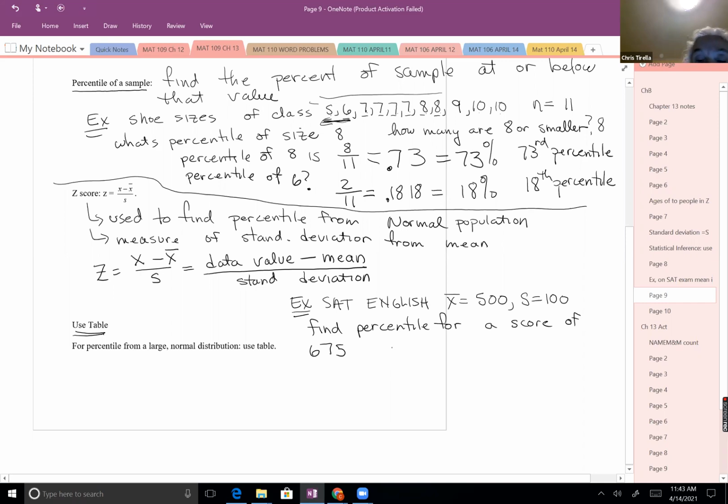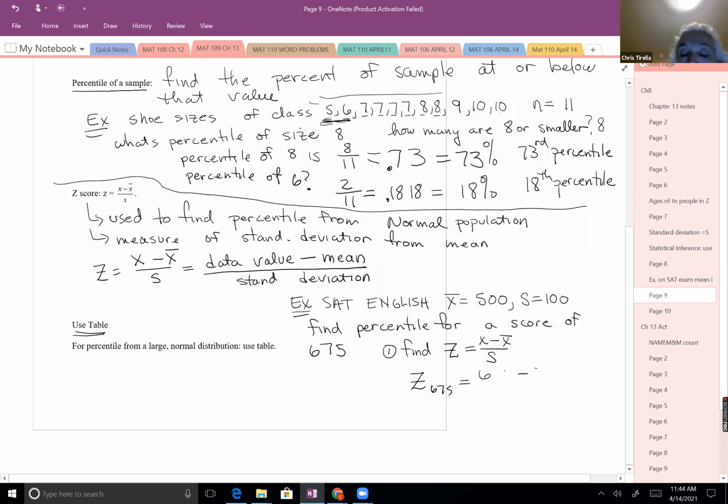The first thing that I'm going to do is find the z-score, which again is the value minus the mean over the standard deviation. I'm sorry, it wasn't 650. It was 675. I apologize.